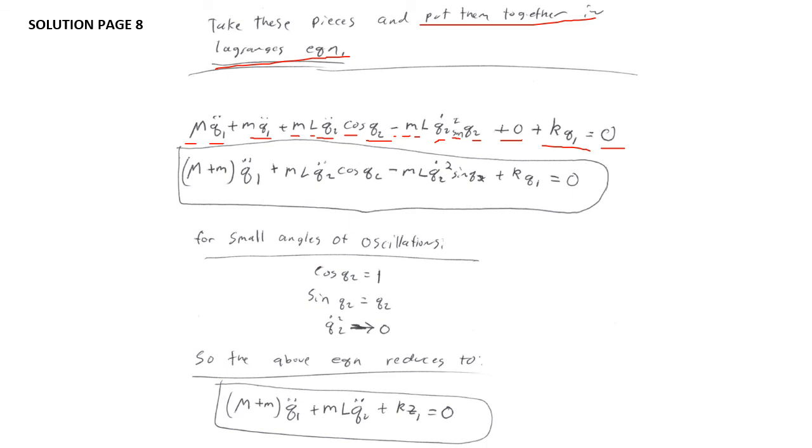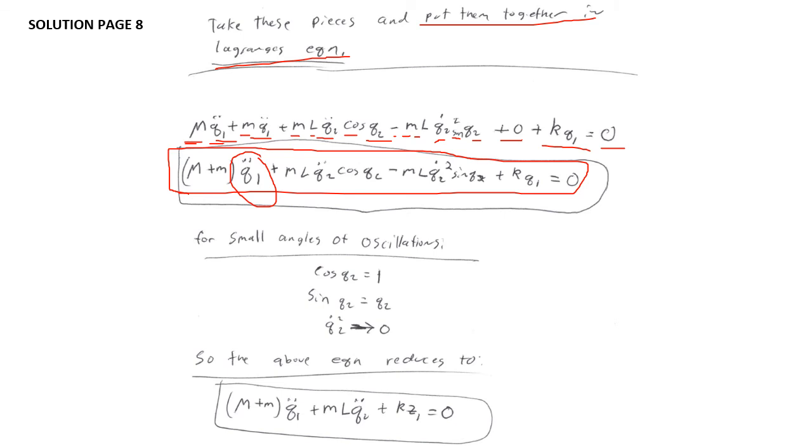And again, even my handwriting gets a little messy, so we really do want to reference back and forth between our different pages and clearly label things, box things in. What I'm going to do here is say, okay, I have a common capital M and lowercase m here with my q1 double dot, so I can pull my q1 double dot out there. There are a couple other simplifications I can do along the way to end up with this relationship here, a simplified, rearranged version of Lagrange's equation.